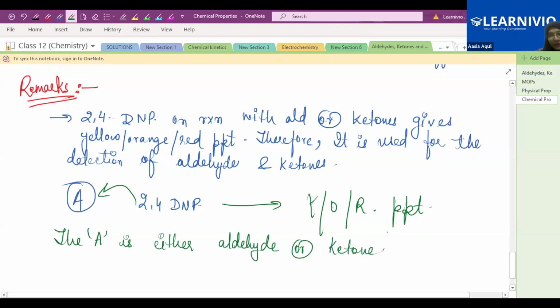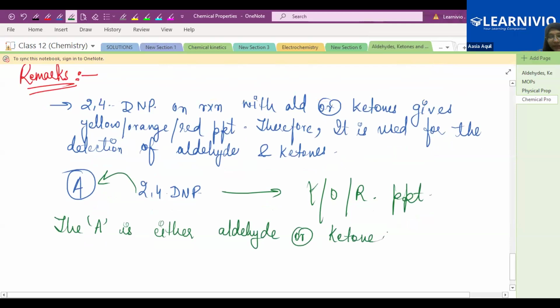So that's how this helps in the detection of aldehydes and ketones. Is it clear, Jovita and Aisha? Yes.